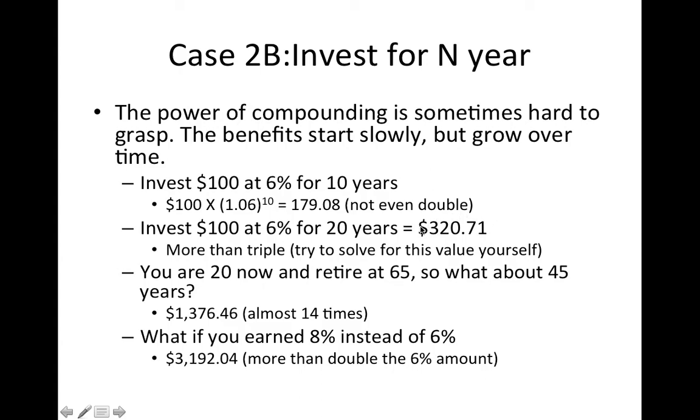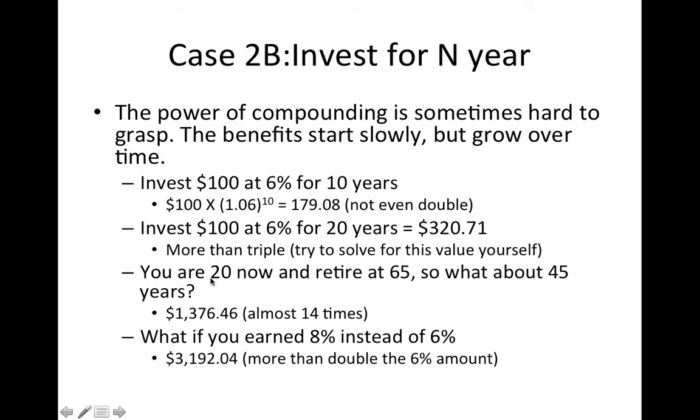But instead, using our formula, which you should try and solve for yourself, we get $320.71. So we've gone from 200 to 320. We're now getting close to almost doubling the amount of interest that we earn. And more importantly, with this compounding and the overall investment, we've tripled our $100 by the end of 20 years.